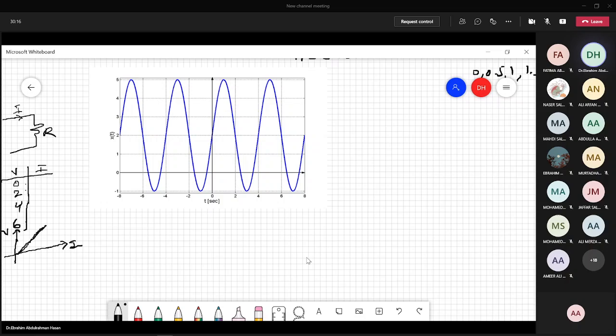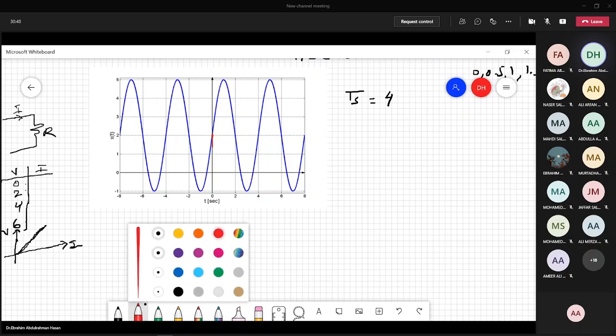So here, if you take a sampling rate Ts, for example, let me say it's very high, equal to 4. So what do we get? You get values like this. At 0, you'll get this value.